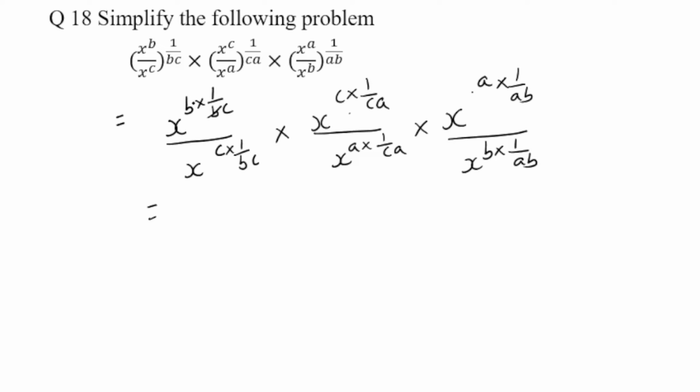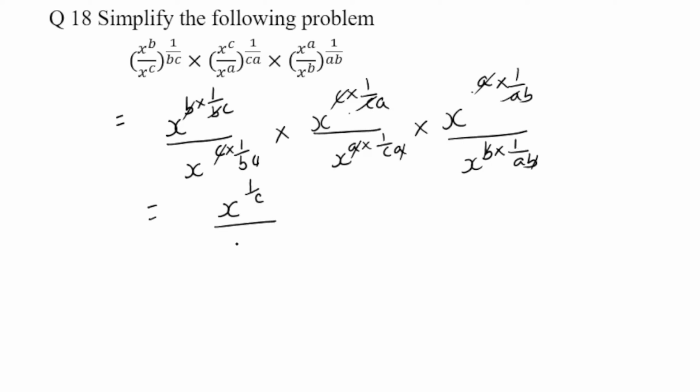Here you go, b and b cancel, c and c cancel, a and a cancel, c and c cancel, a and a cancel, b and b cancel. Here you go, only 1 by c is remaining.